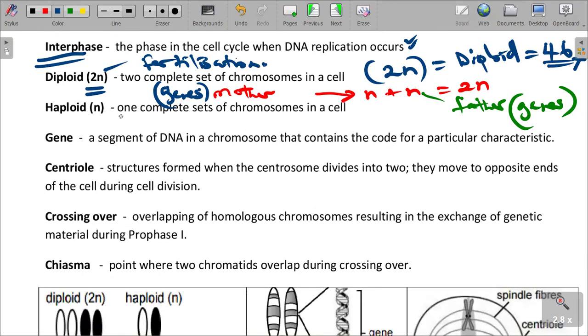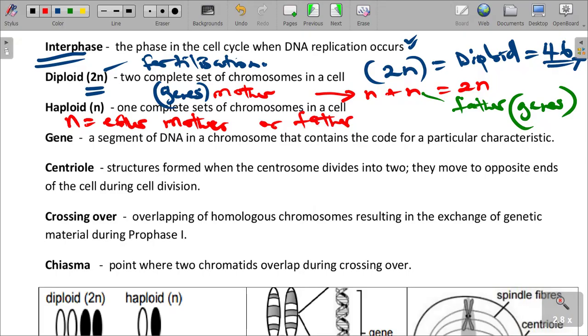And then the opposite of that is what? Is n. n is one set of chromosomes in the cell. In terms of n, please note that n refers to only one side. It can be either the mother or the father.